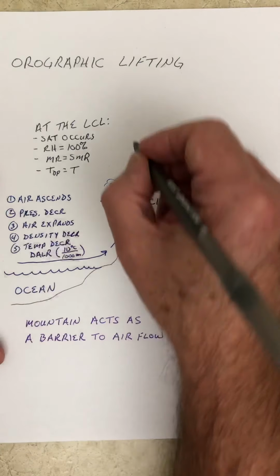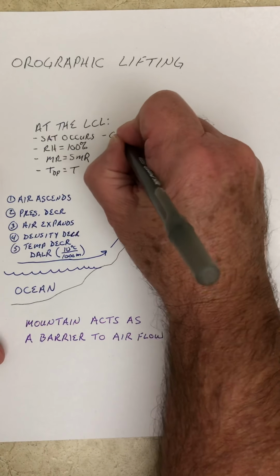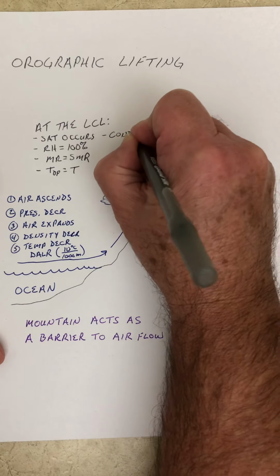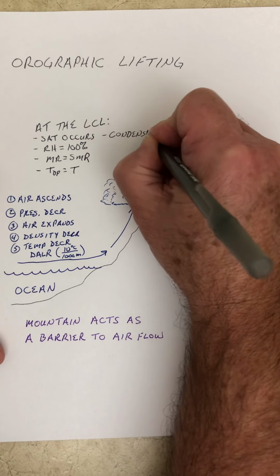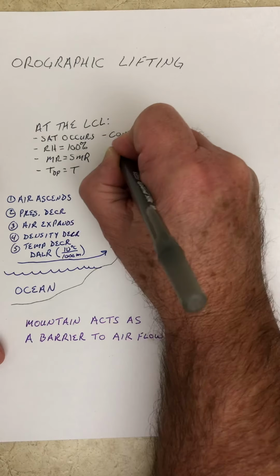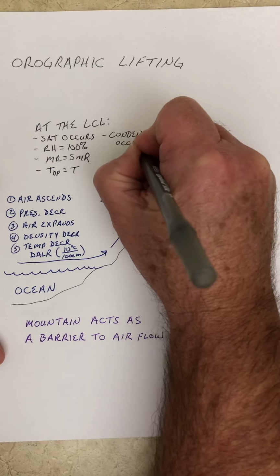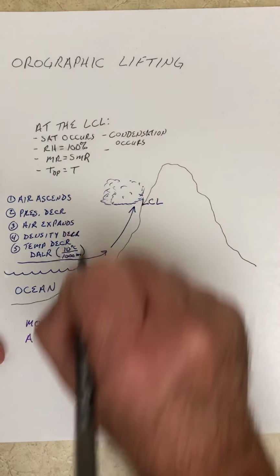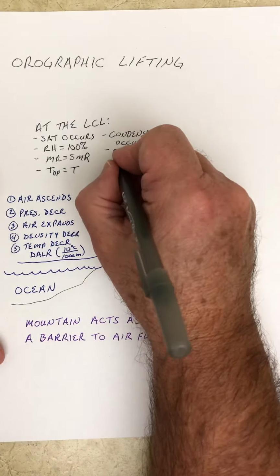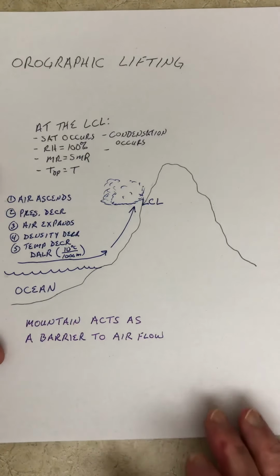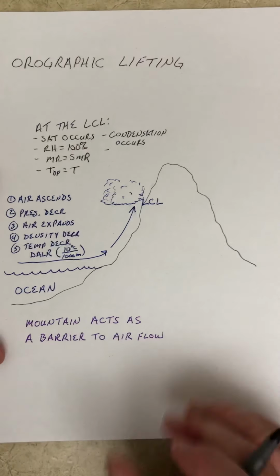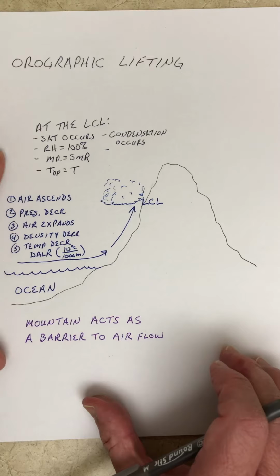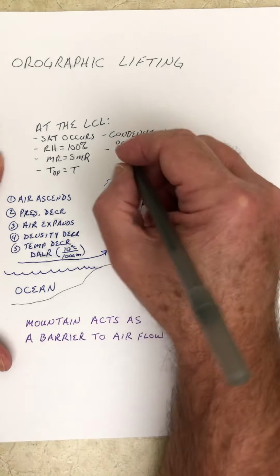Okay. When you hit the LCL, this is also where condensation occurs. If condensation is occurring, then literally the water vapor is condensing into liquid water droplets.